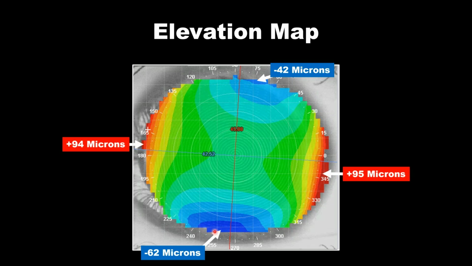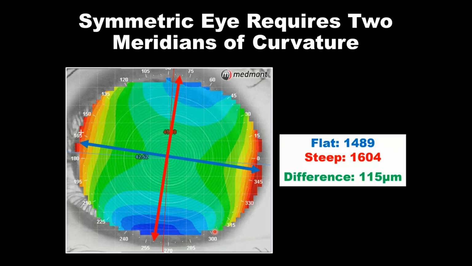So that's why the toric eye needs an astigmatic or toric rigid contact lens.